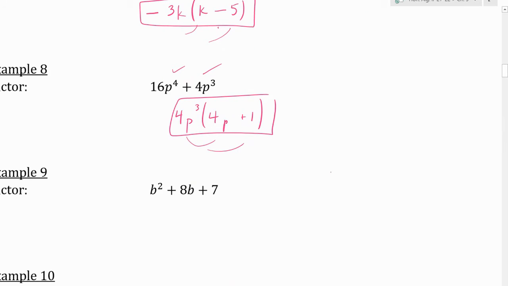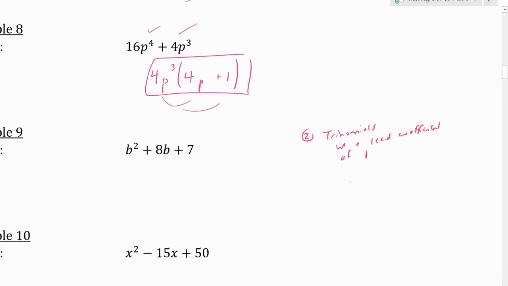Okay. Now we're up to trinomials with a lead coefficient of 1. Well, to see how to factor those, let's actually multiply one out.